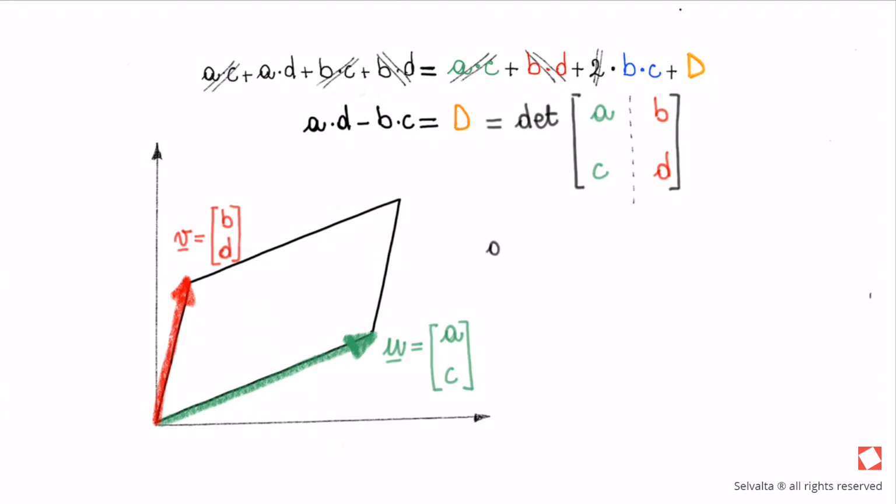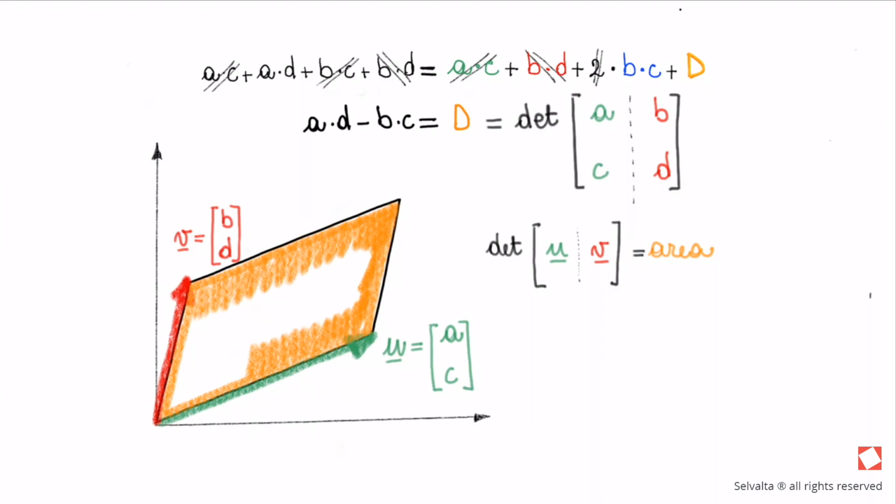Through our proof, we have showed that the determinant of the square matrix with columns U and V gives the area of the parallelogram with the sides U and V. Well, in order to write a correct formula, that determinant has to be evaluated in absolute value.